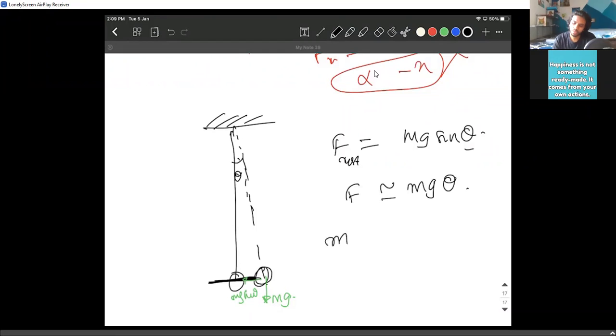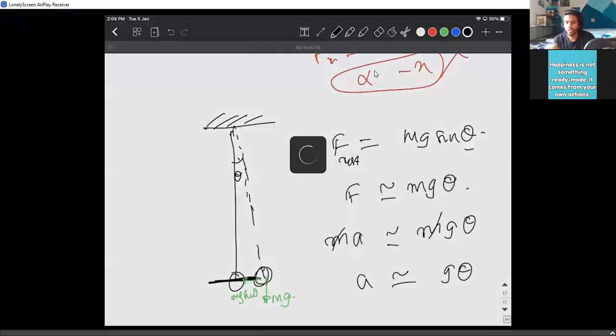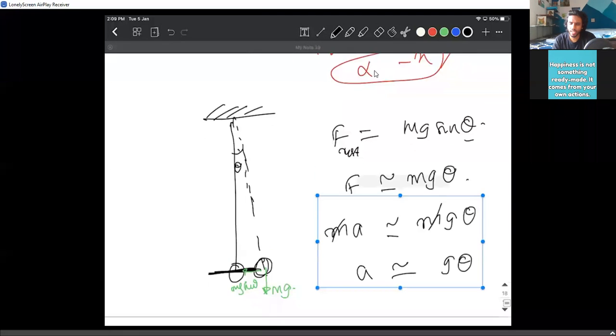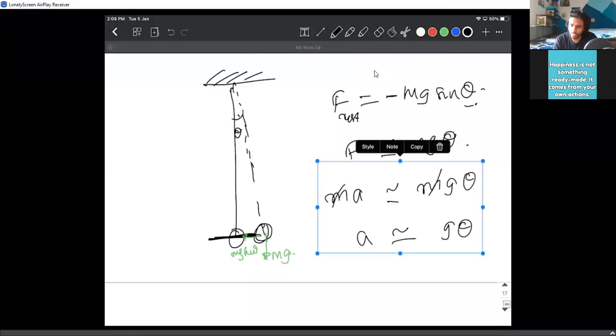So force equals ma, which equals mg theta. Cancel m, so a is proportional to theta, but we are still not done. Of course, you can put a minus there because the force is restoring.